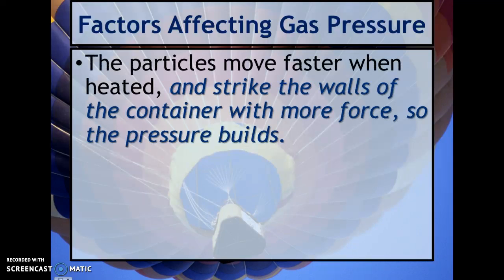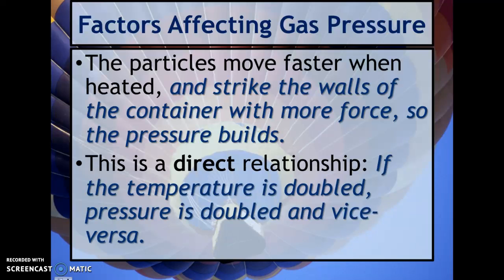The particles move faster when heated and strike the walls of the container with more force, so the pressure builds. This is a direct relationship. If the temperature is doubled or increased, pressure is doubled or increased, and vice versa. Remember, when one variable increases as the other variable increases, it's called a direct relationship.